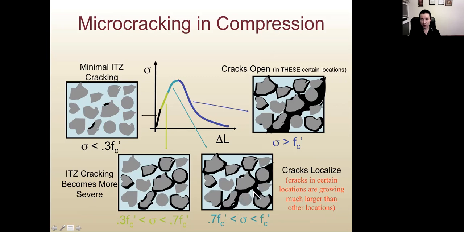However, cracks in other locations do not change as much. We call that crack localization. Cracks in certain locations are growing much larger than in other locations. After f'c, when we start unloading, cracks will open up in these certain locations. Concrete in other locations can still take some of the load, even though they also crack, but it's not total failure in these regions.